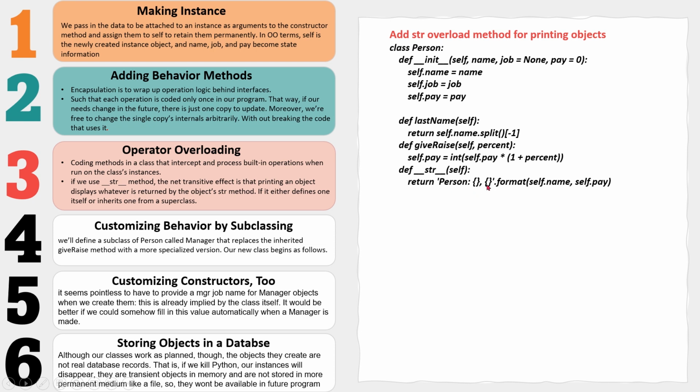So now when I print an object, I want to get this type: it is a Person class, and then whatever that object consists of, the name of that object and then the pay of that object. That's how I wanted to customize the display format for the object print.